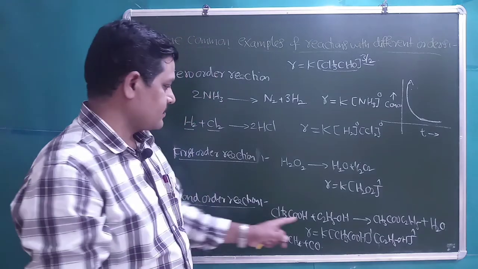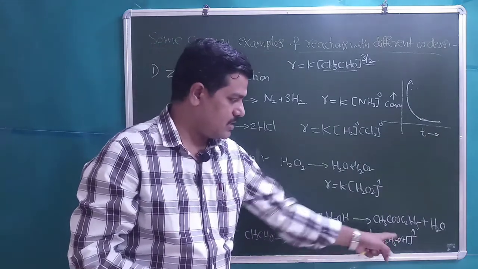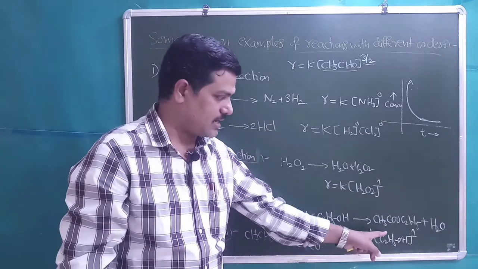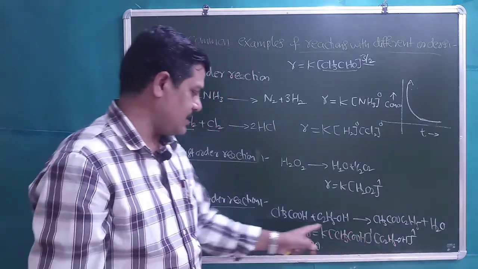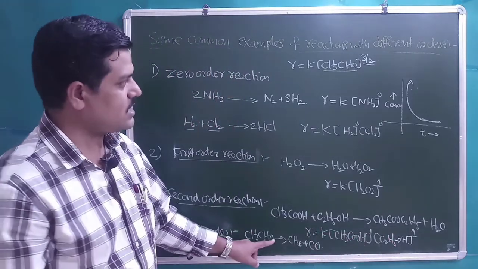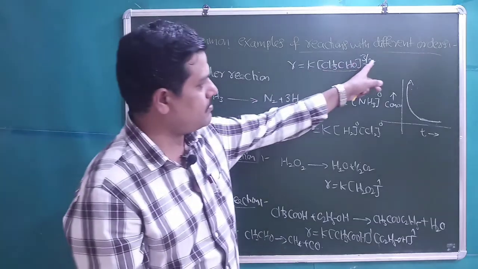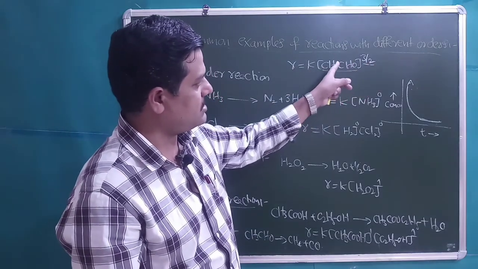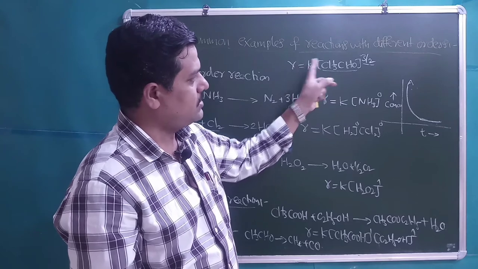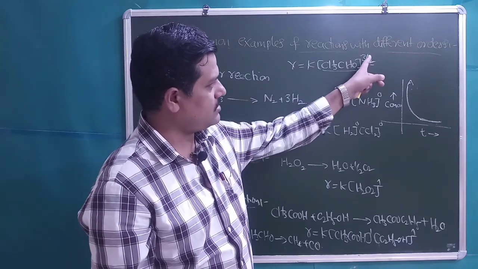And second order, the overall order of the reaction, the sum of concentration powers we are getting, is equal to 2, second order reaction. This is a fractional order reaction, that is 3 by 2 is the power of concentration in the rate law expression. So order is a fraction which is equal to 3 by 2.